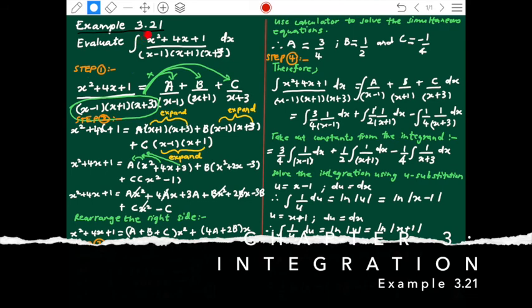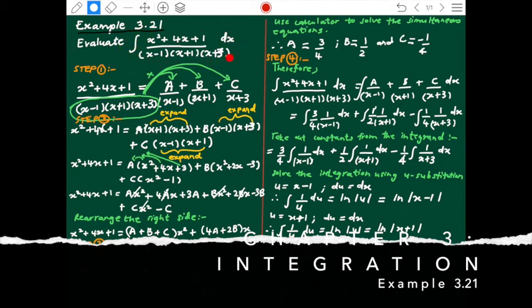Some examples on how to solve integration by partial fraction, okay? Look into example 3.21, which is from page 86. Evaluate the integral of x squared plus 4x plus 1 over (x minus 1)(x plus 1)(x plus 3) dx.